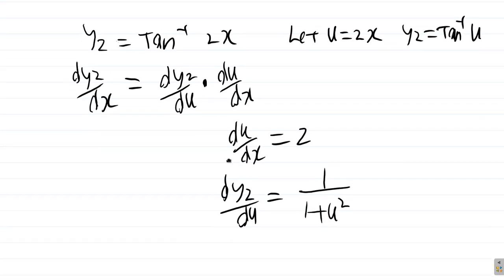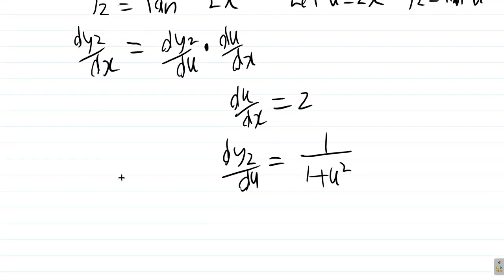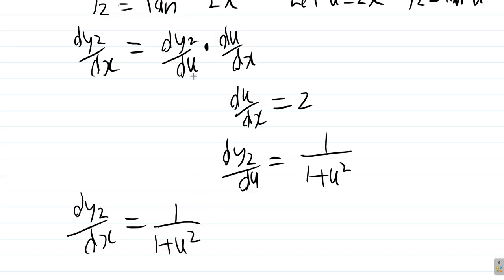Now let's substitute the values into dy2 by dx. dy2 by du is going to be 1 over 1 plus u squared, that's dy2 by du, times du by dx is 2.